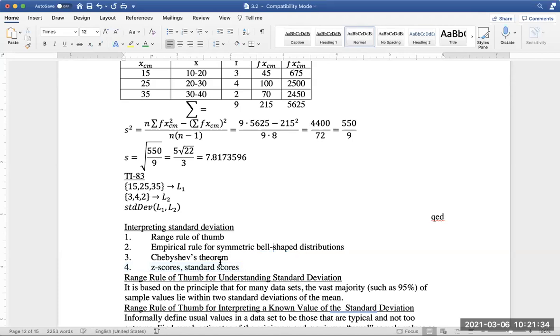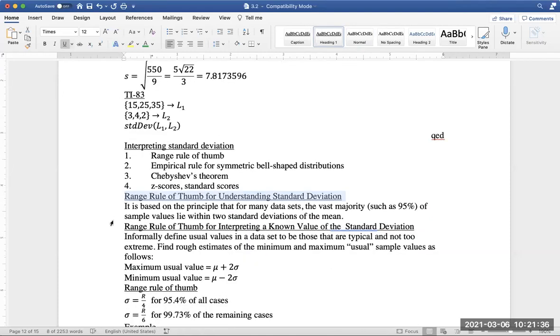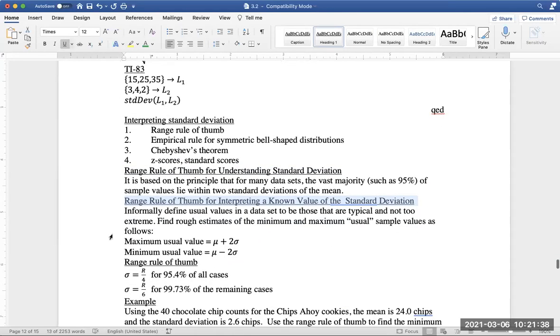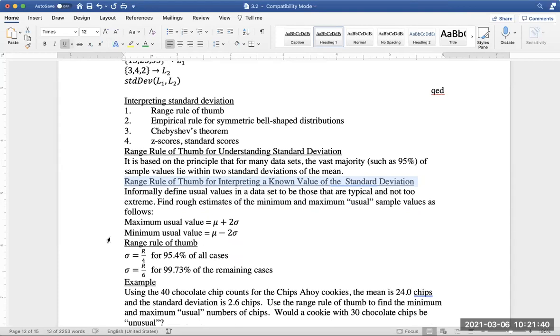The range rule of thumb says that in most cases, your standard deviation is approximately the range divided by 4. If you don't know a lot about the data, you can just use the range to give a good estimate of the standard deviation.